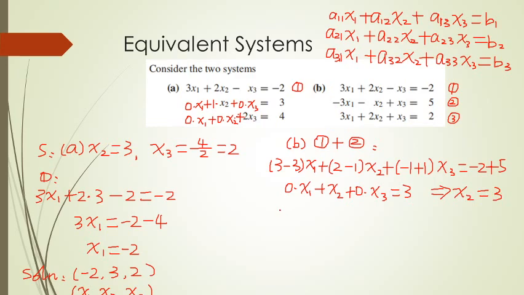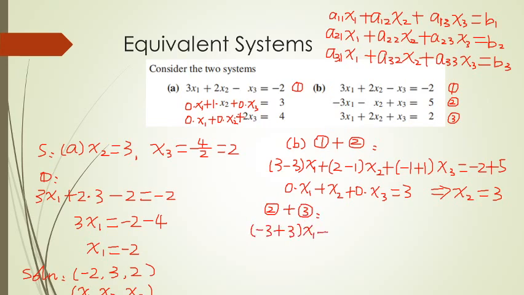My x2 equals 3. And then for equation number 2 and equation number 3, we can do the same thing. Let number 2 plus number 3. So minus 3 plus 3, for x1 the coefficient will also become 0. So for x1, that is minus 3 plus 3.